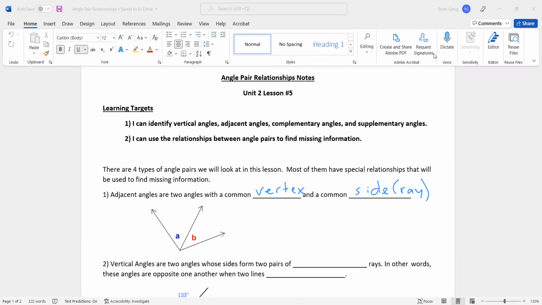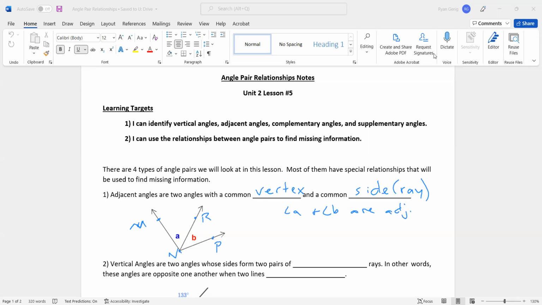All right, so I have an example here. I'm going to label these M, N, P, and I'll put this as R. All right, so angle A and angle B are adjacent angles. Okay, I'm going to abbreviate that. They're adjacent.